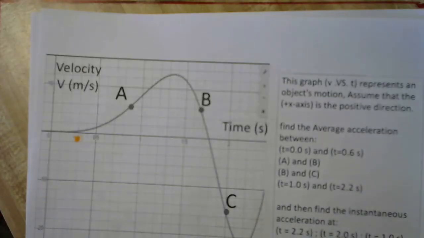Hi students. Now I will talk about a graphical interpretation of acceleration. You can find that in pages 29 through 30. As we talked about the graphical interpretation of position and velocity, now we can find the acceleration from the graphs of velocity versus time.